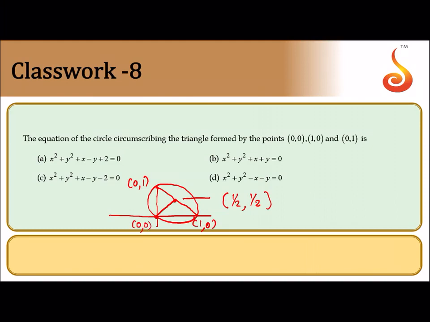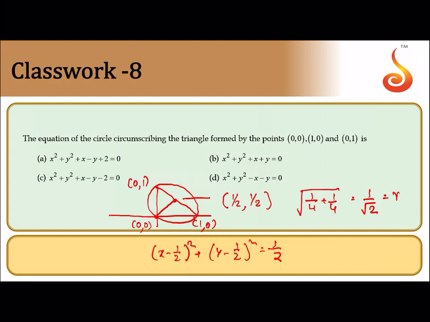So the radius will be, joining the origin, 1 by 4 plus 1 by 4 under the root. So this will give you 1 by root 2. 1 by root 2 is equal to the radius. If you join this point, this is the center. So x minus 1 by 2 whole square plus y minus 1 by 2 whole square is equal to 1 by 2.